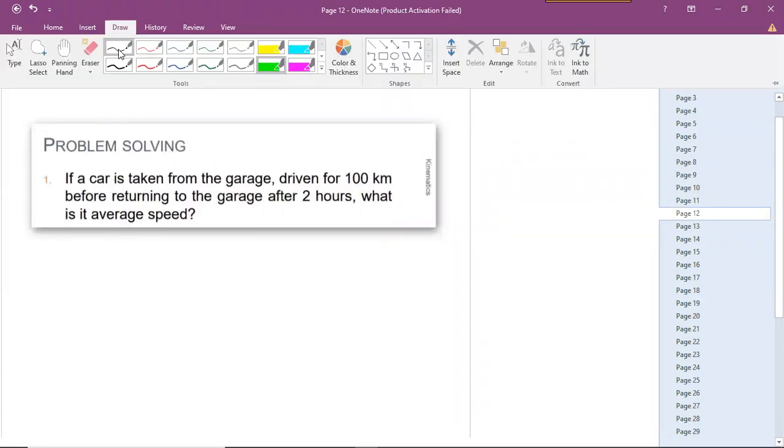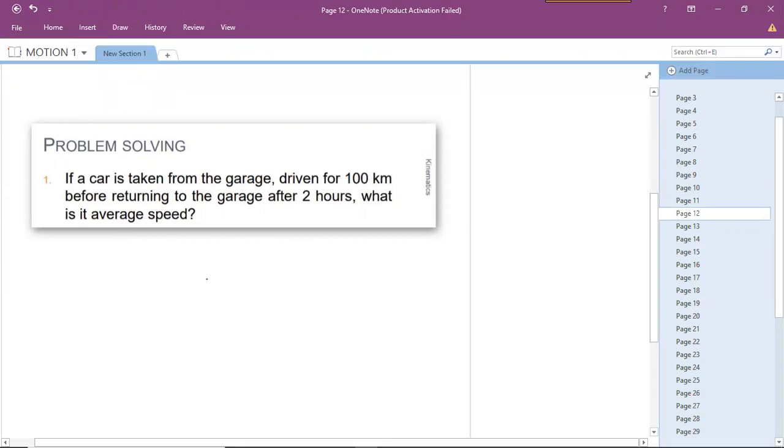Okay, so let's do a few practice questions so that we try to solidify the few things that we've learned. We have a question here which says, a car is taken from the garage and driven. The total distance that this car has been driven is 100 kilometers before returning to the garage after 2 hours.